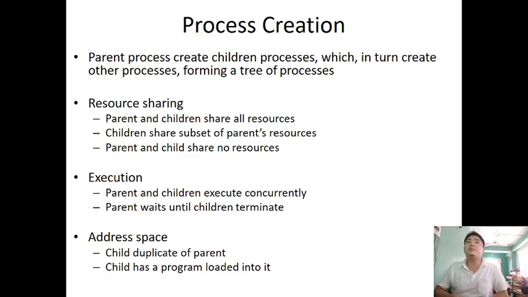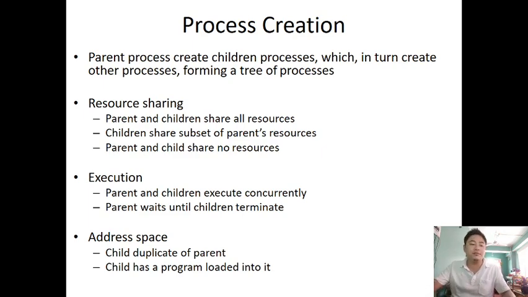Now whenever a process is created with the help of the create process system call, there are two scenarios that may happen from the execution point of view. Whenever any process executes the create process system call, it may happen that the parent and child process both will execute concurrently.